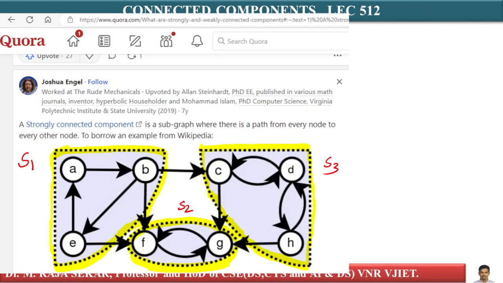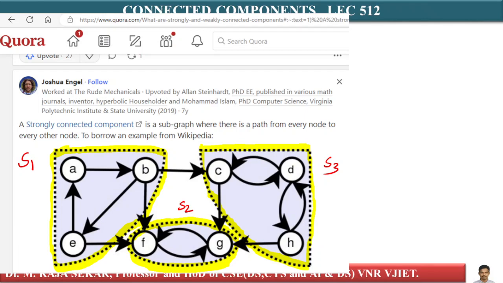So each of S1, S2 and S3 is called a strongly connected component. The definition of a strongly connected component is a subset of vertices such that within the subset, you can go from any vertex to any other vertex.